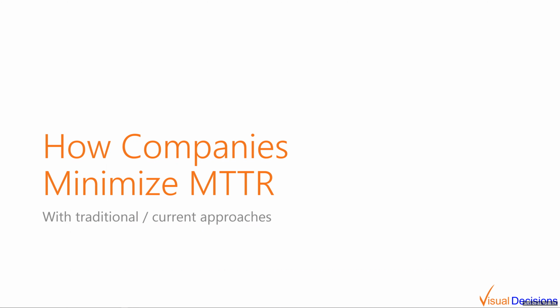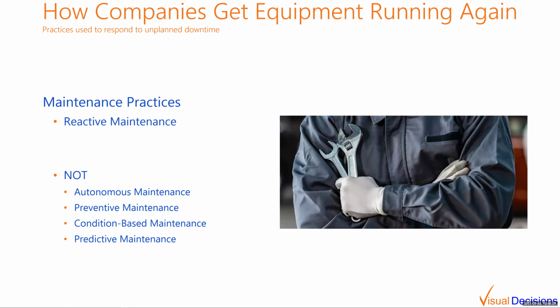All right. So how do companies today get equipment back up and running again? And from a maintenance practices perspective here, we're not talking about autonomous maintenance or preventive maintenance or condition-based or predictive or any of those other wonderful practices. This is pure reactive maintenance that we're going to discuss here.